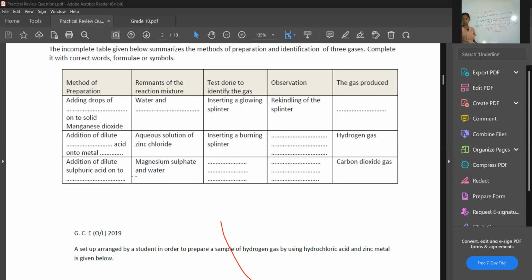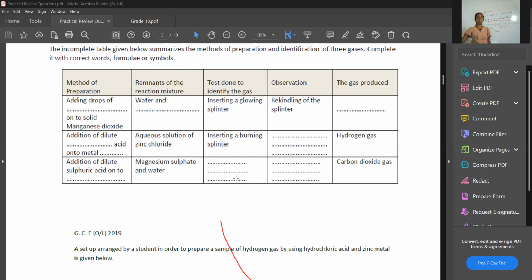Sulfuric acid. So how can we complete the blank? Yes, addition of dilute sulfuric acid onto what? Magnesium carbonate. The reaction between magnesium carbonate and sulfuric acid forms magnesium sulfate, water, and carbon dioxide gas, right?